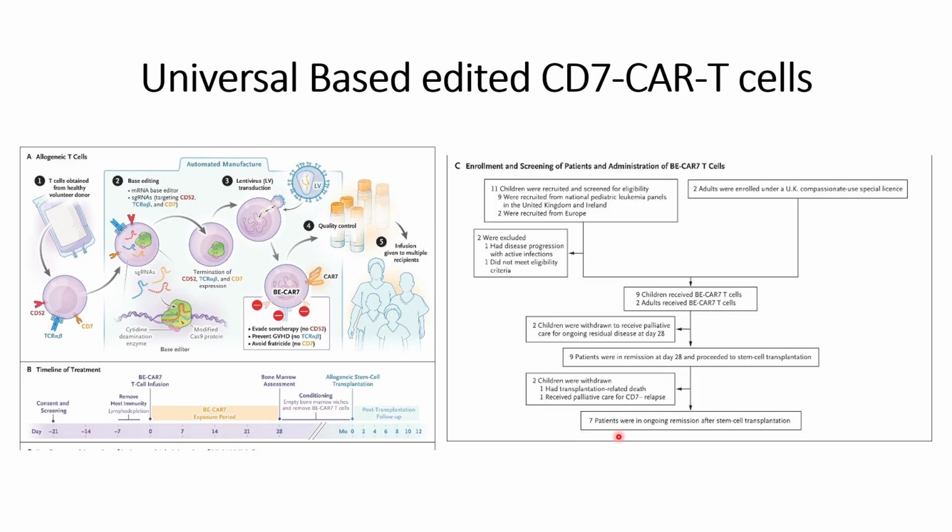And then 7 were in ongoing remission after stem cell transplantation. So currently the 7 patients have gone through this process and are in ongoing remission after stem cell transplantation, meaning they are in touch for follow-up post-transplantation feedback.